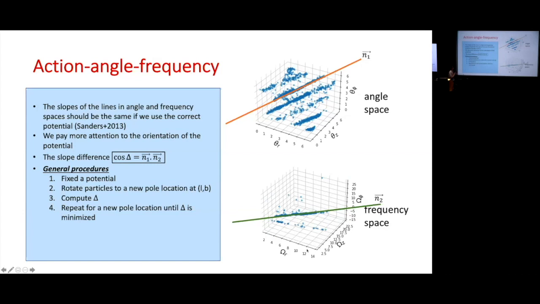Second, we rotate all the particles into another frame of reference with the pole located at l and b in galactic longitude and latitude. In this new frame of reference, we compute the n1 vector and n2 vector and compute the slope difference. I will repeat the process for all possible new pole locations until we find the location where delta is minimized.